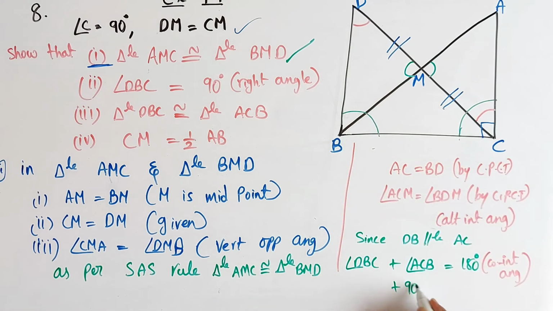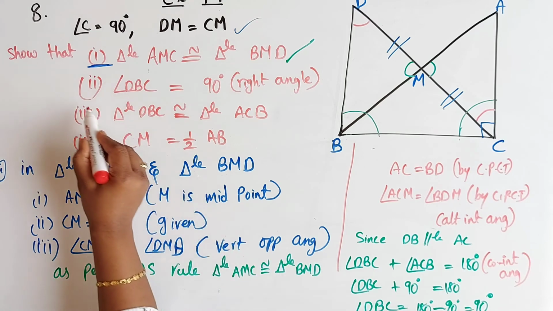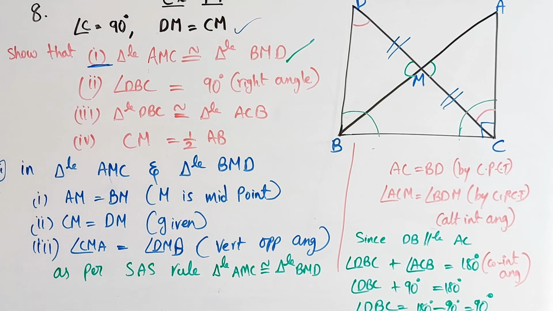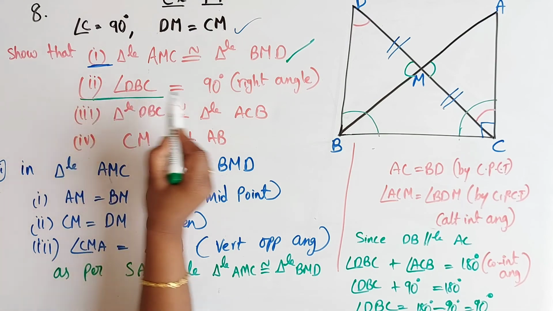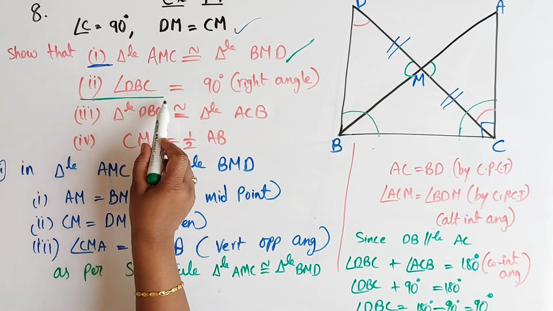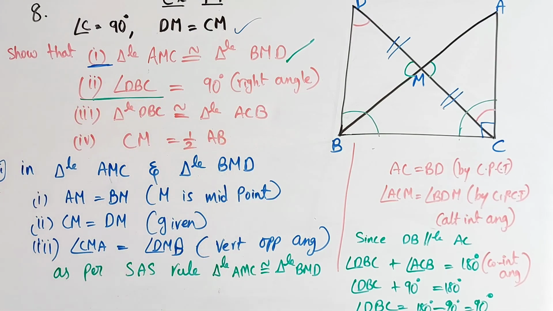This is 90 degrees. Now we have to find angle DBC. What is angle DBC equal to? 180 minus 90. This is 90 degrees. That's what we have to prove for the second question. We have to prove that angle DBC equals a right angle. See here, angle DBC equals 90 degrees now.